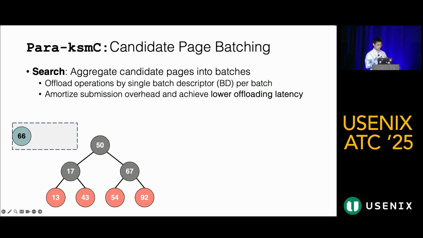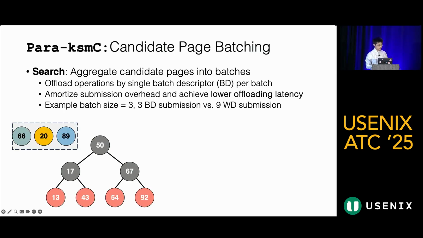With this single batch descriptor, we can amortize the submission overhead and achieve lower average offloading latency. In this example, we set the batch size to 3, so instead of one candidate page, we have 3 candidate pages in a batch.